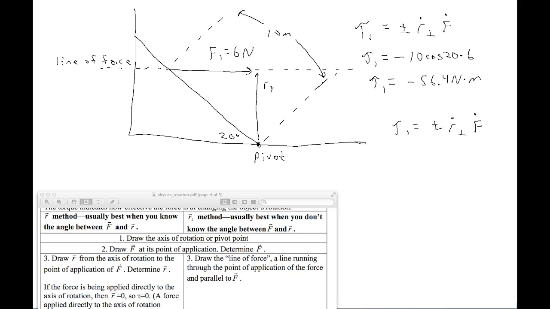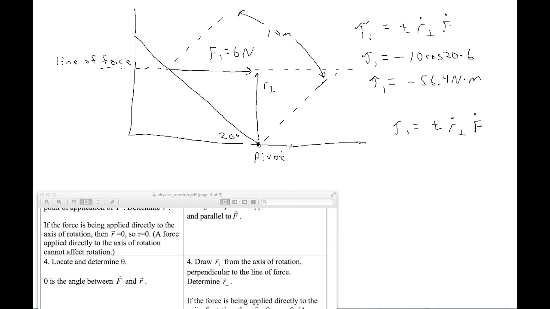That's R perpendicular, so that's our step 4: from the axis of rotation perpendicular to the line of the force. Good. Right, and then I knew that the hypotenuse of that triangle was 10 meters.